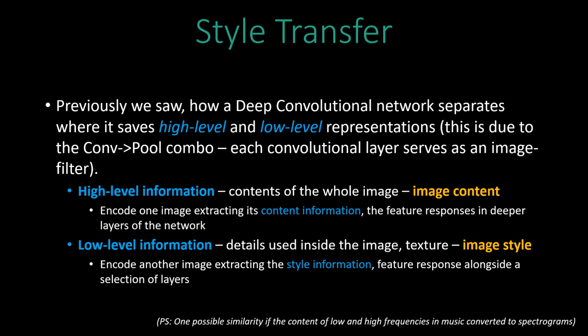Yeah, so there is perhaps some similarity to how if you convert music to spectrogram representation, in the lower frequencies you would get the main average information about the sound. However, in high frequencies you would get the crisp details and additional information.